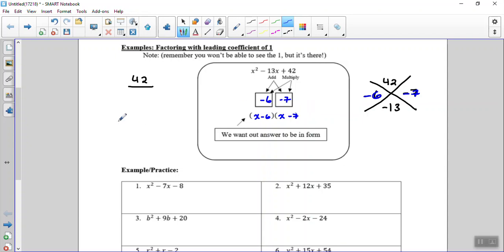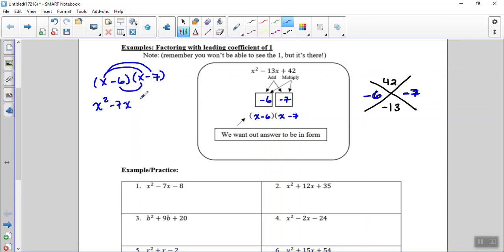All right, and one more thing here. Let me just go backwards to check to see if I have factored it correctly. If I go backwards, I'm going to multiply, so I have to do the FOIL method. You have x times x, which is x squared. X times negative 7 is negative 7x.